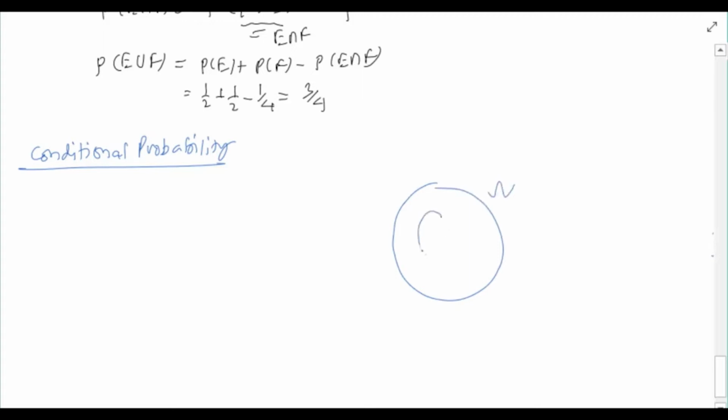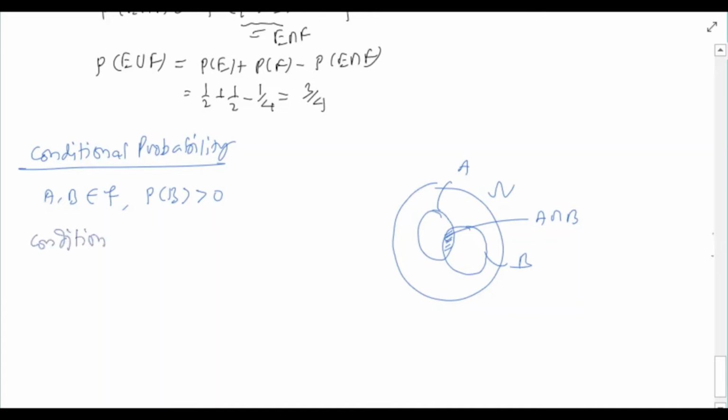There are two events A and B. So A and B are in the event space, and B is such that probability of B is greater than 0. Notice that this is the event A intersection B. In this case, we are interested in conditional probability of event A given event B.